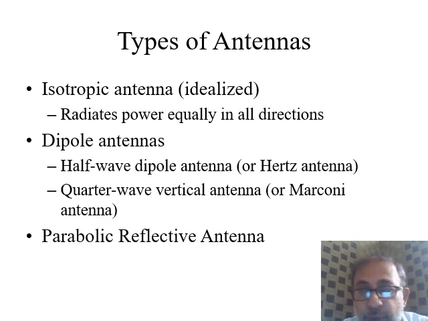And the one antenna that is used in abundance in telecommunication systems, especially for line of sight systems, is a parabolic reflective antenna. Basically, we have a parabolic dish, and this dish is reflecting the electromagnetic waves, and it focuses on its focal point.